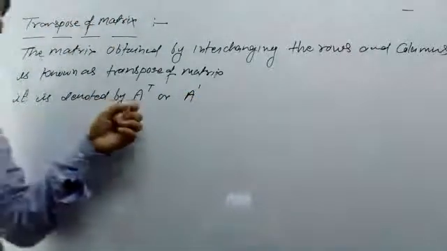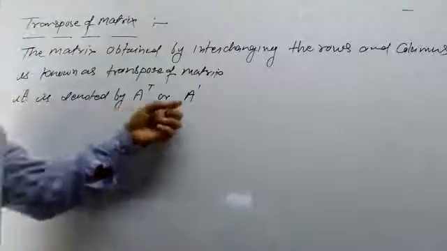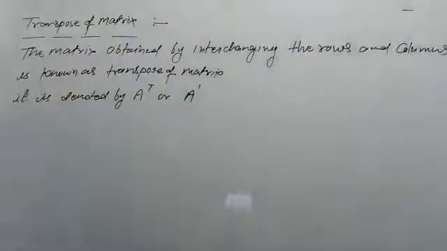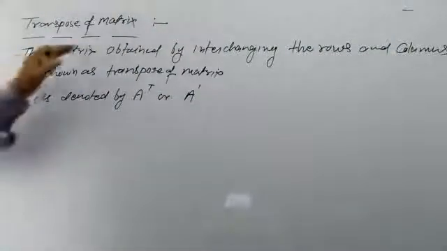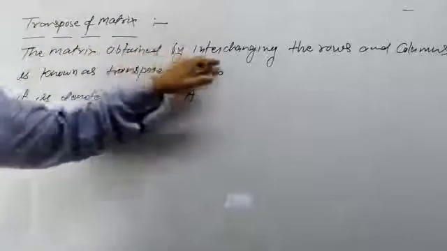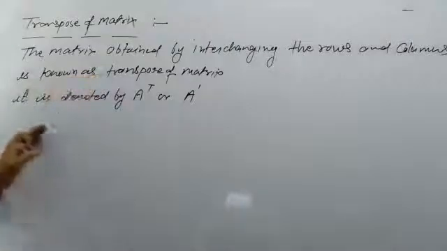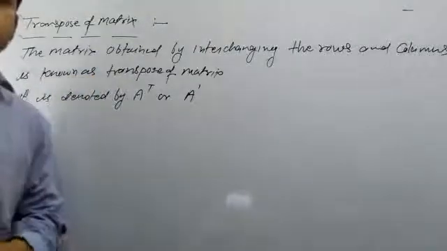This is the symbolic representation of how to represent the transpose of matrix: A^T or A dash. So this is the basic definition of transpose of matrix: the matrix obtained by interchanging the rows and columns is known as transpose of matrix.